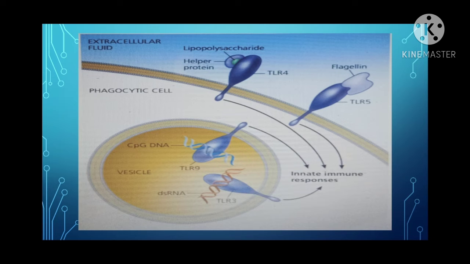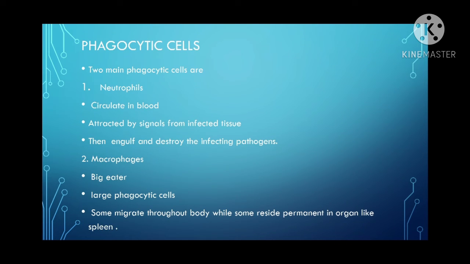So the third is phagocytic cells. There are various cells whose function is to phagocytose the cells or invading bodies which affect the human body or any host. Okay, there are two main phagocytic cells. The first are neutrophils, which circulate in blood and are attracted by signals from the infected tissue.